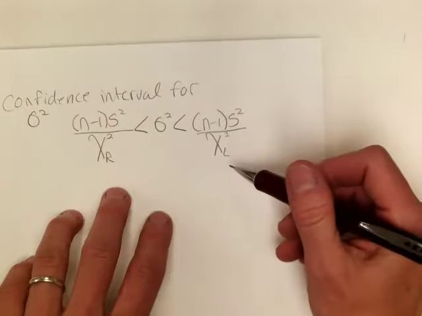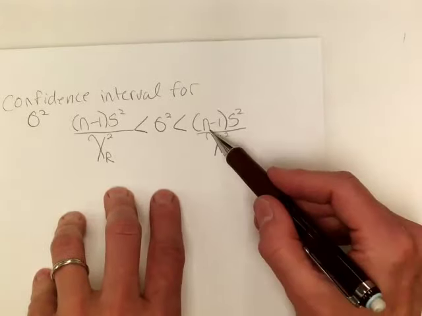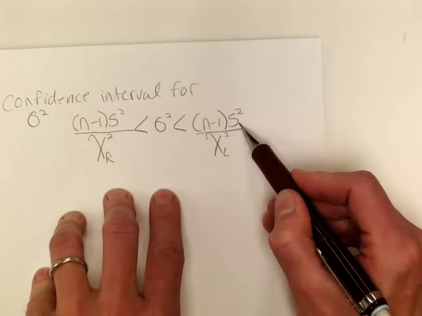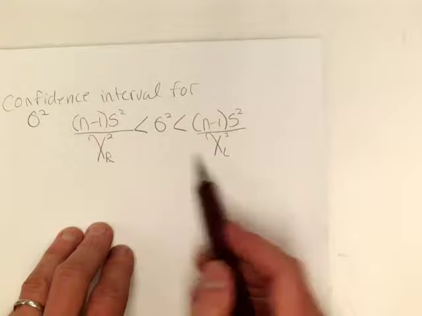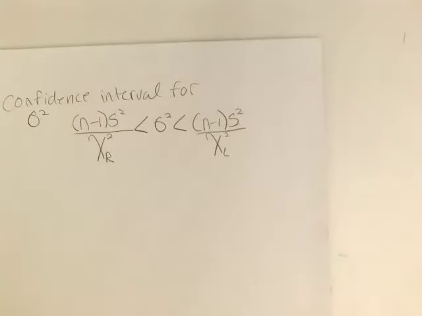Okay, so the pieces we're going to need will be the sample size, the sample variance, and those two critical values from the chi-square table.